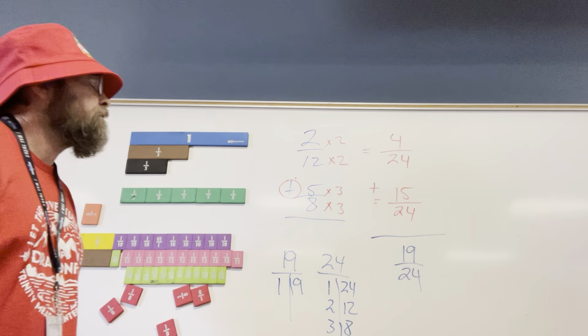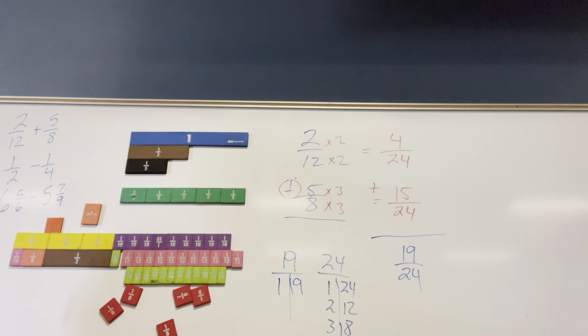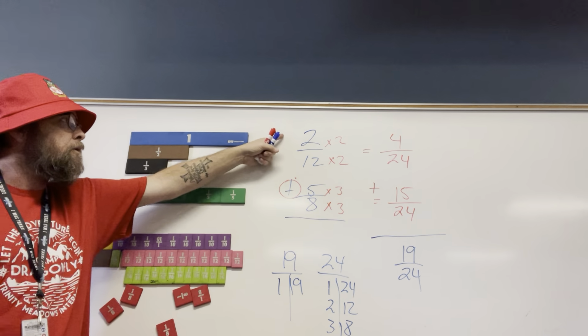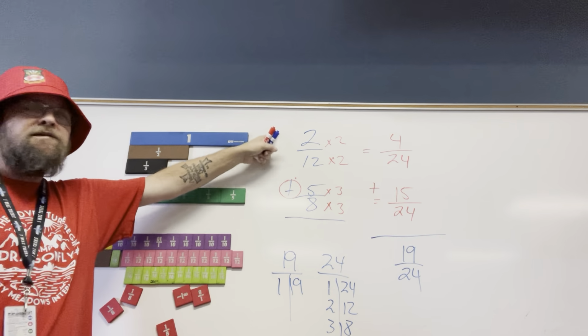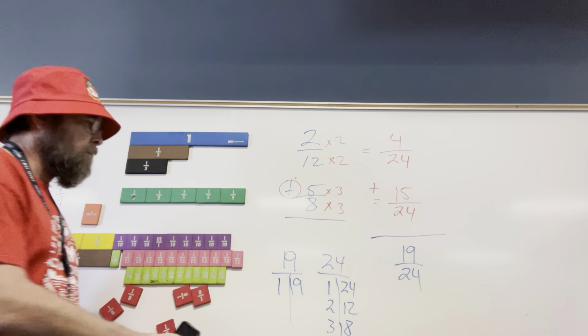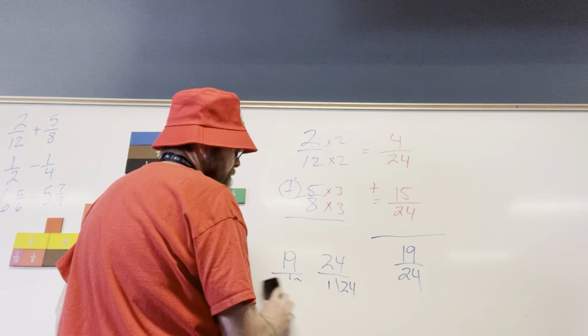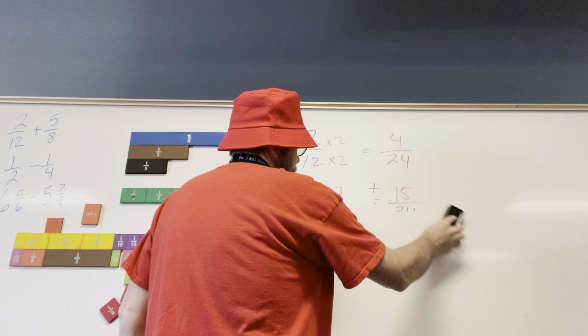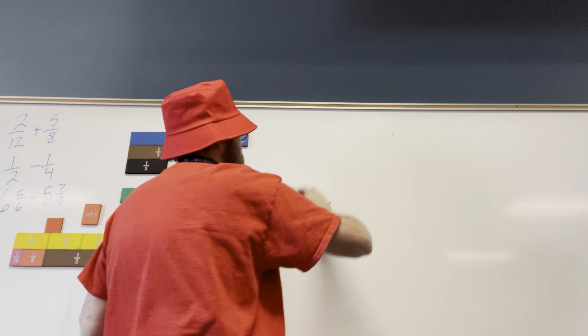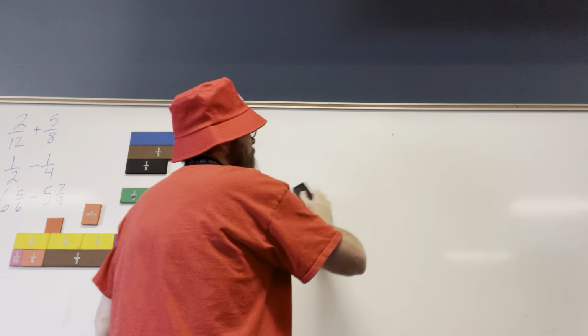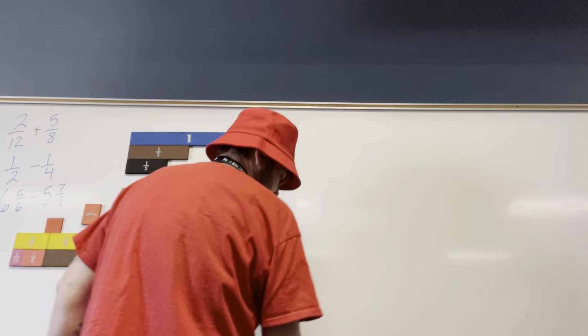So 2/12 plus 5/8 equals 19/24ths. Now I saw some people earlier simplify 2/12 to 1/6 and then do the problem, but you're going to end up with the same answer. Yeah, that's what I did yesterday, but it was 4/24ths. See? Smart young man.